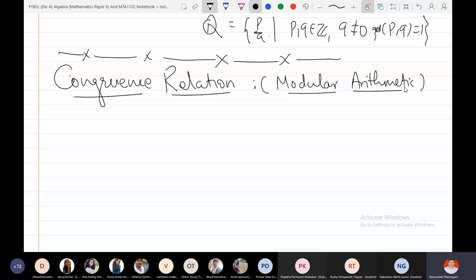What do we mean by modular or congruence? That we'll see. Okay, so do you know what this set is? Set of integers.